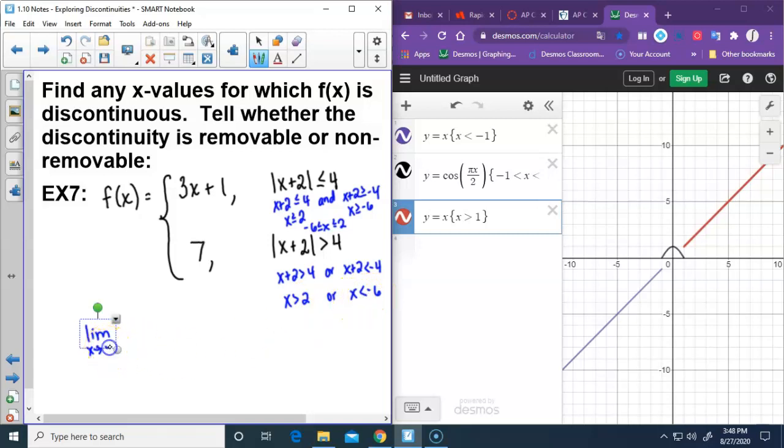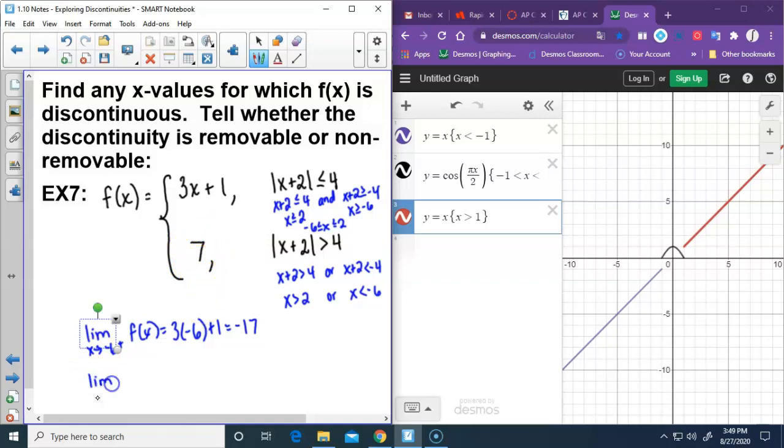So if we're approaching negative 6 from the right, then of f of x, we would have 3 times negative 6 plus 1. And that, of course, is negative 18 plus 1, so that'll give us negative 17. That does not match 7, which I know is what we're going to get from the other side here.